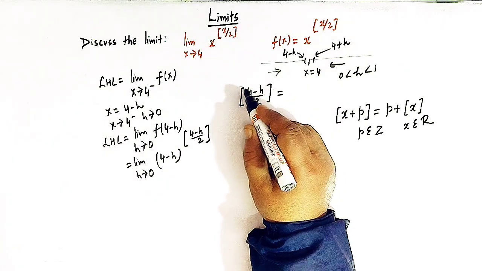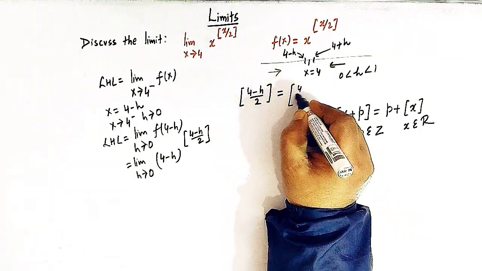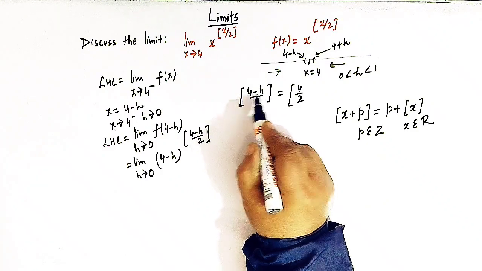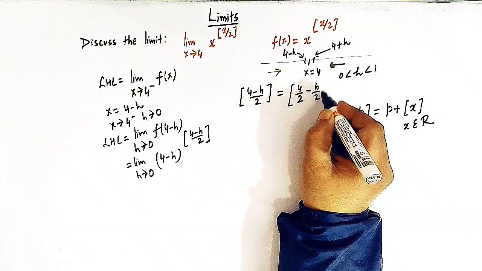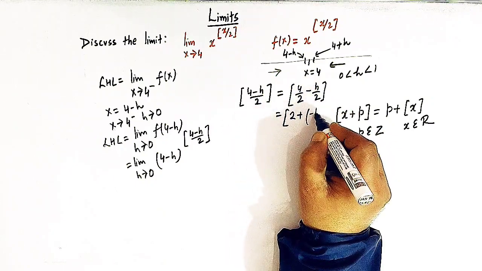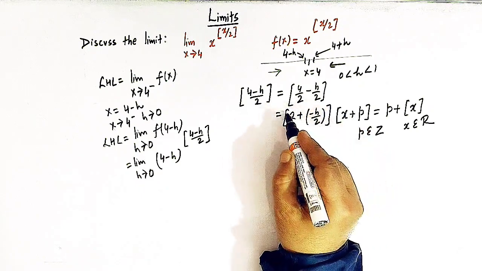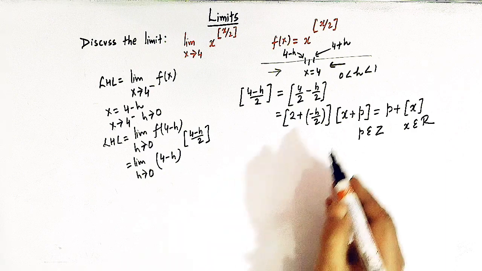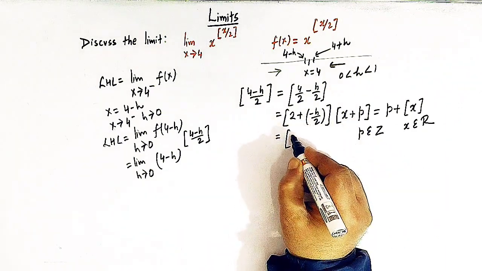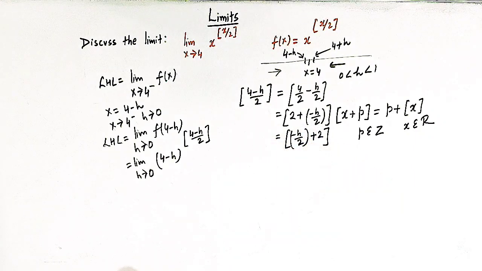So now we can write greatest integer of 4 minus h over 2 as, distributing this 2 over 4 and h, here we have 4 over 2 minus h over 2, and now we have 2 plus, and now we can write bracket minus h over 2, and here we have the greatest integer function, right? So now this term is of this form, because we can write it like this also: minus h over 2 plus 2, right?